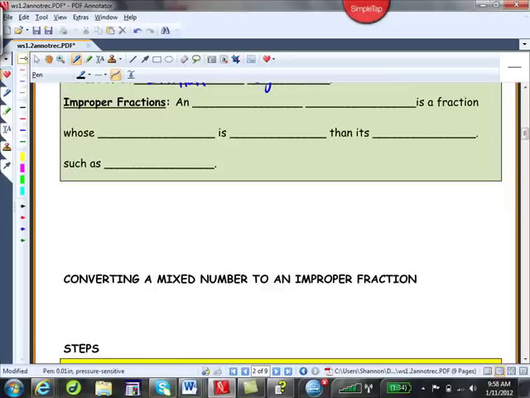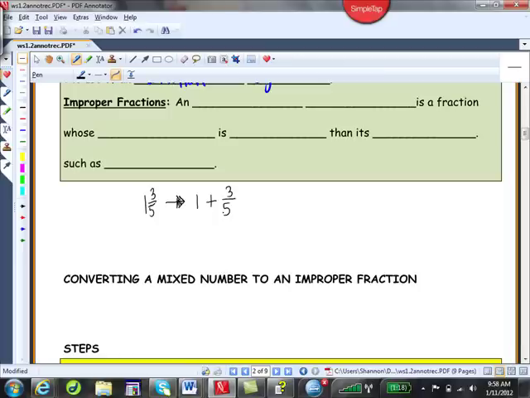So here, let's just say we have 1 and 3/5. Okay? What this really means in mathese is 1 plus 3/5.